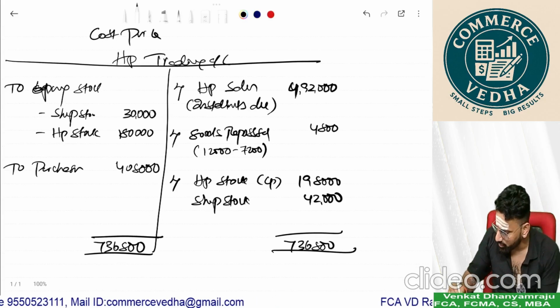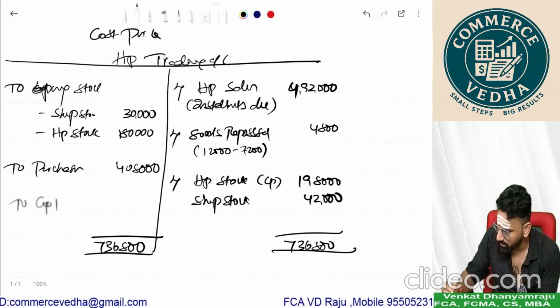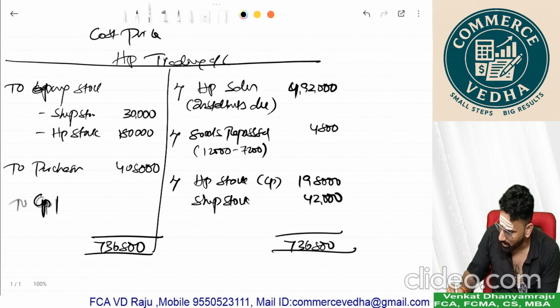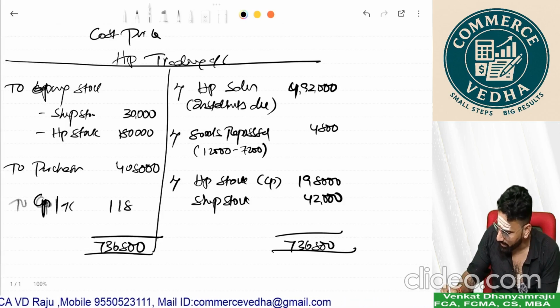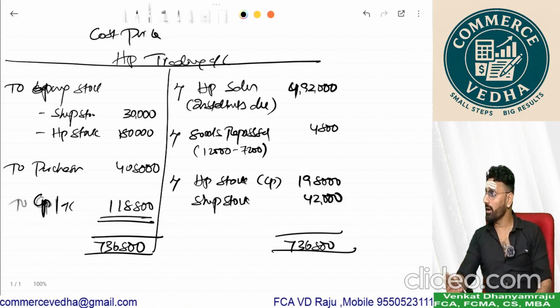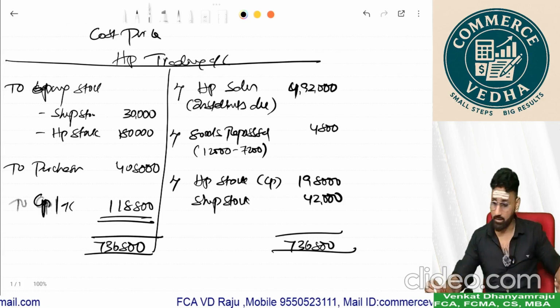The answer is to general P&L account, 1,18,800. So the ultimate answer won't change whatever the method you prepare.